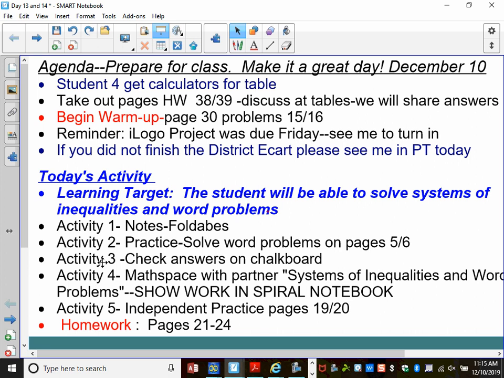You're going to get up, check your answers on the chalkboard, and then after that you can either partner up with someone to do the 5 questions on MathSpace, or you can do them individually. Okay, but both people, it doesn't matter, you still have to show your work for those 5 questions in your spiral notebook. Okay, all right.